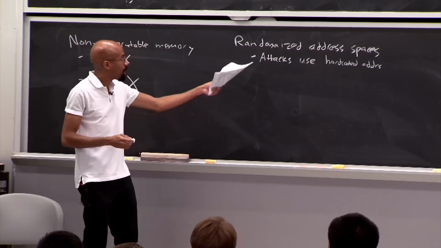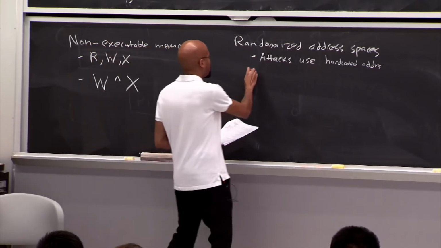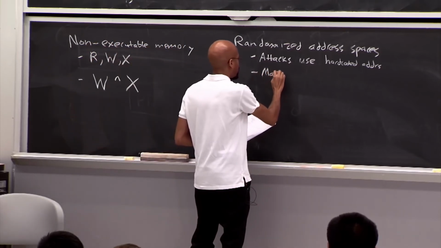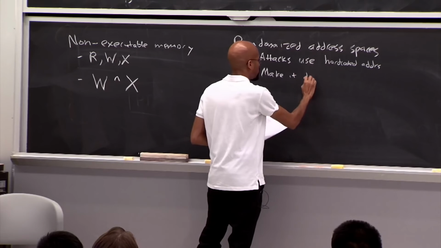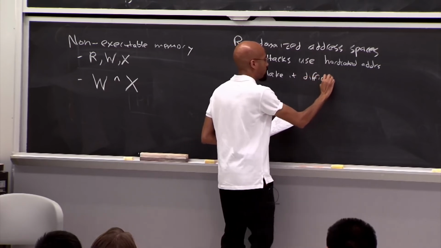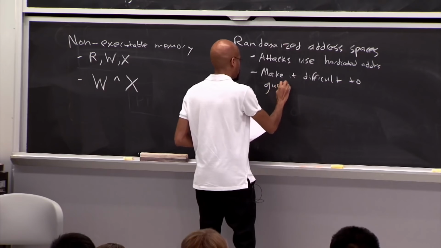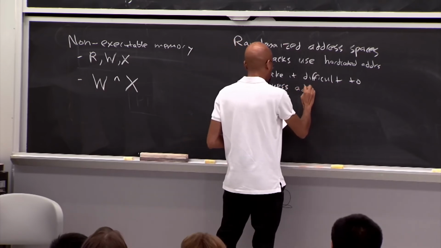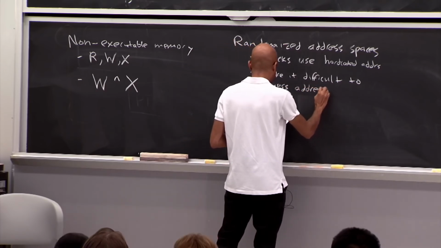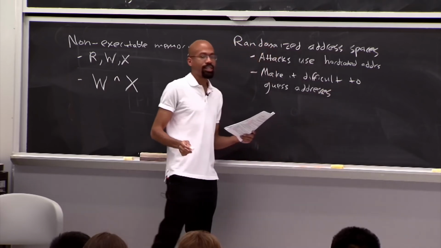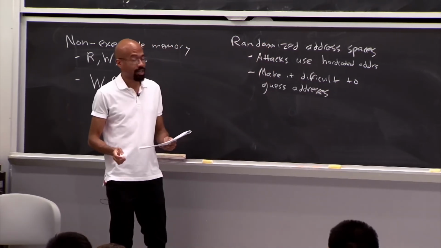Right? So the idea behind the randomized address spaces is simple. Basically, you want to make it difficult for the attacker to guess addresses. So there's a couple different ways you could think about doing this. One idea is stack randomization.